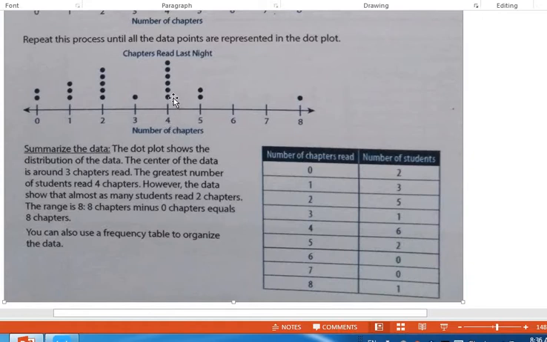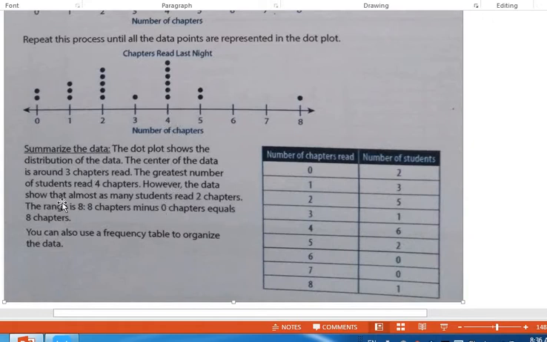So I have here how many students? 1, 2, 3, 4, 5, 6. 6 students. Let me recount this: 1, 2, 3, 4, 5, 6. Right, 6 students read 4 chapters of the book.